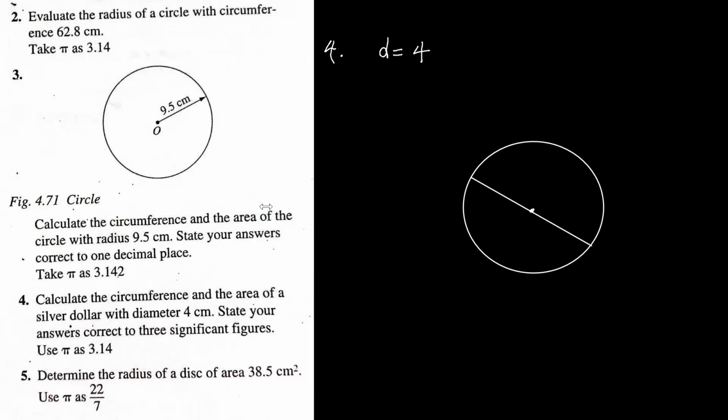You don't know? All right, let me ask Kishon. The diameter is 4 centimeters. I want to compare the diameter with the radius.